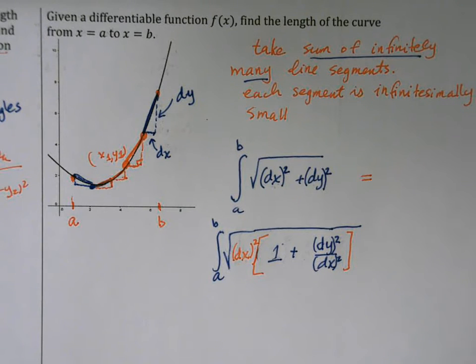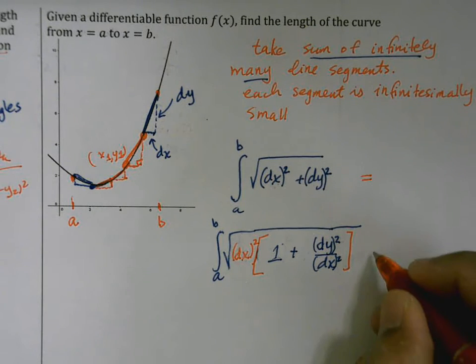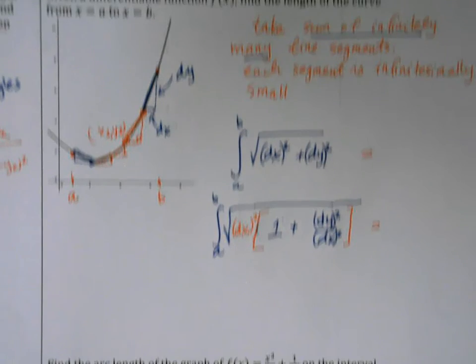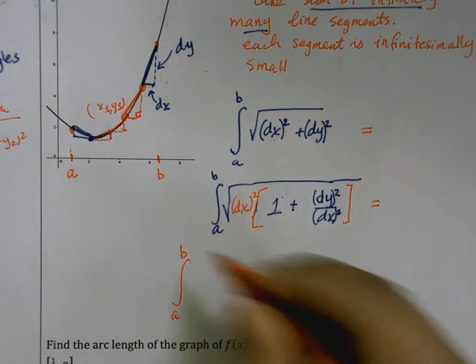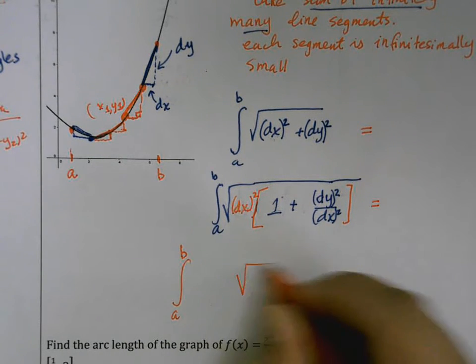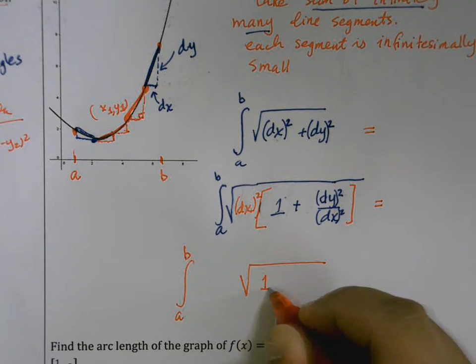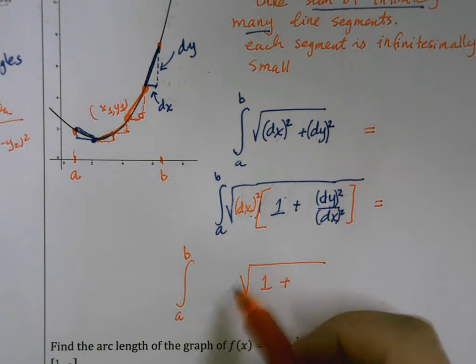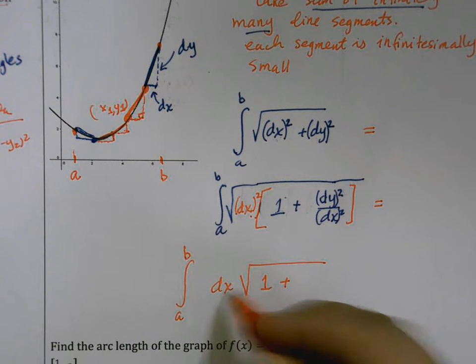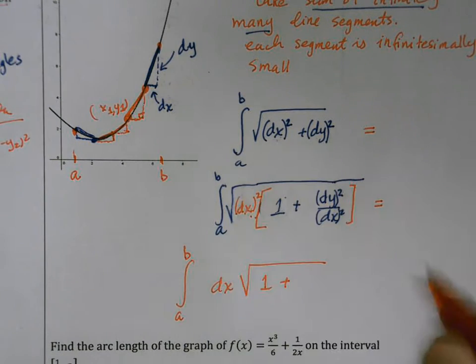Okay. And now from here we can do some simplifying, and you'll see that this becomes something that looks kind of familiar and useful. So now still the integral from a to b, the square root of 1 plus dy squared over dx squared. The dx squared outside, under the square root, I can pull out and it just becomes dx.